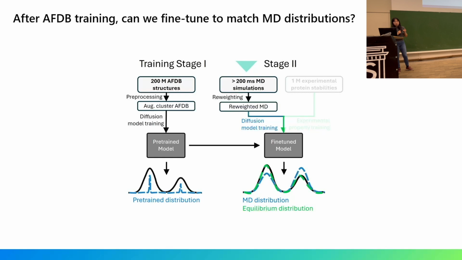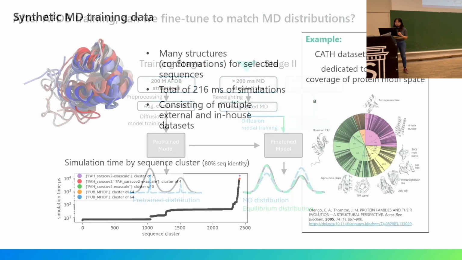So here, what we have collected are about 200 milliseconds of MD simulations. These include both external, publicly available resources, as well as in-house data: we have burned a lot of compute within Microsoft, thousands of GPUs for a couple of months, and then we threw it all to the diffusion model and trained it.